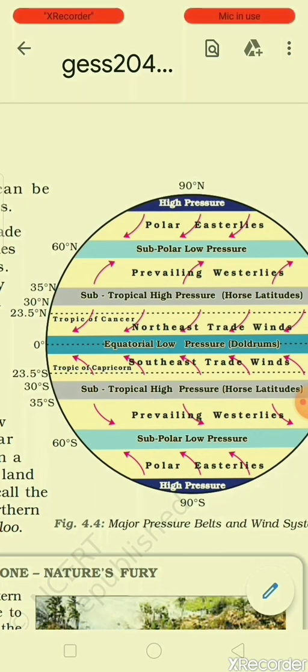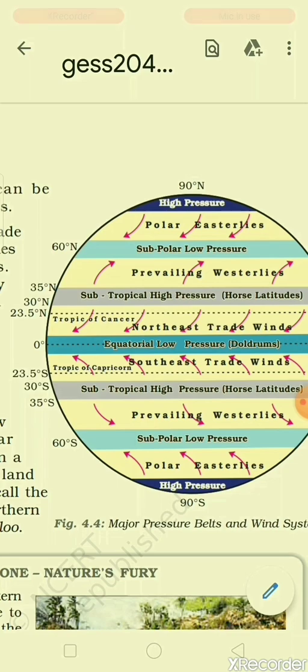Now this sinking air is cool air, so it forms a high pressure belt, and these regions are called subtropical high pressure belts. Because these regions lie outside the tropical region and at the same time adjoin it, they are called subtropical high pressure belts.